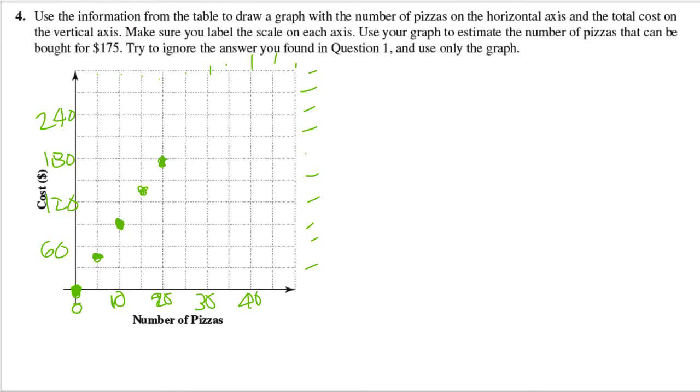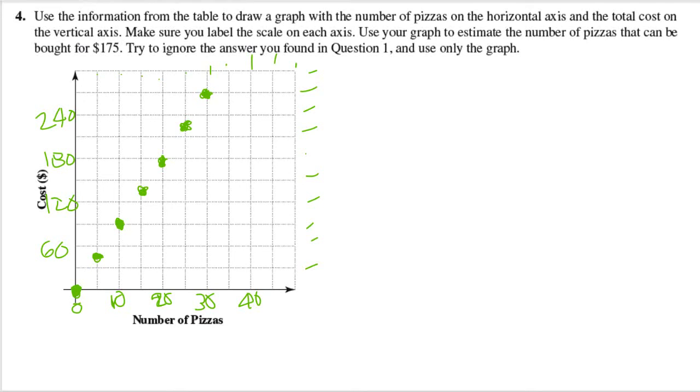So it's halfway in between those two lines. And then 30 pizzas we knew was 270. And 25 pizzas would be 45 less than that, which is going to be 15 less than 240. Okay.